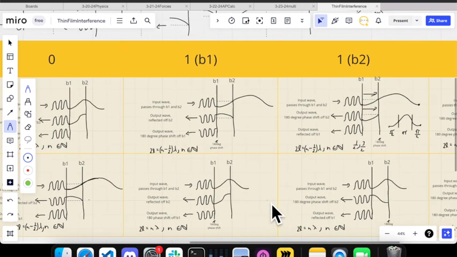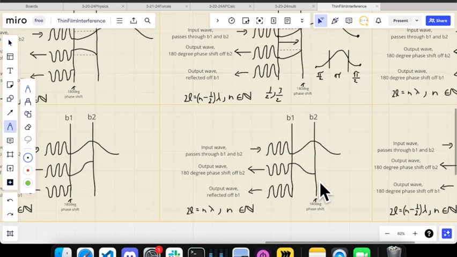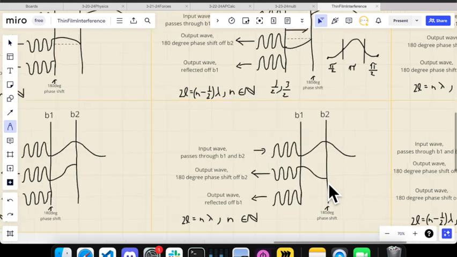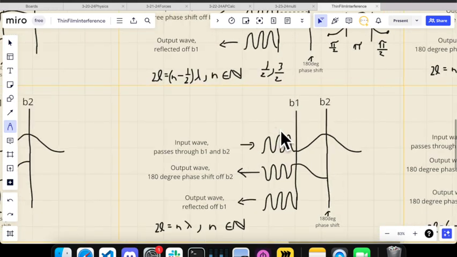And in that spirit, a similar thing happens here, where we want destructive interference. So we have a wave coming in as usual, and we know that the reflected wave is going to be the same waveform.